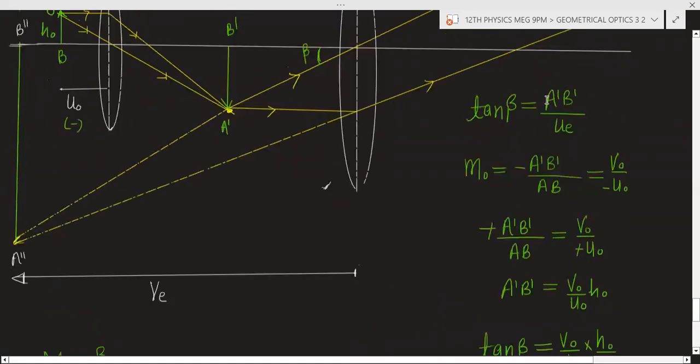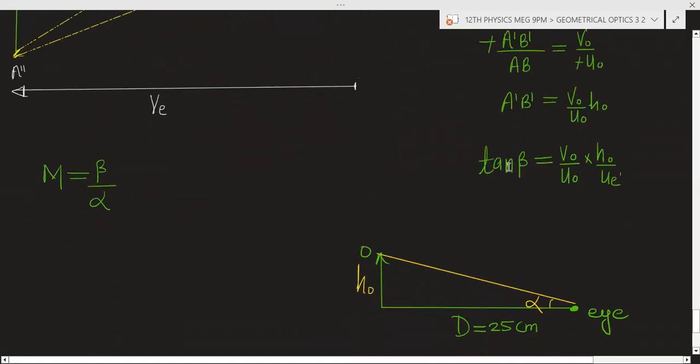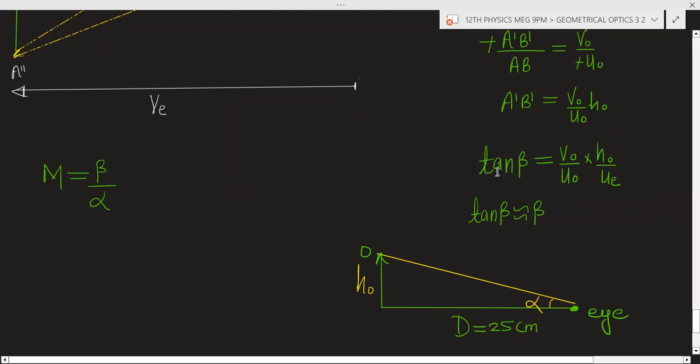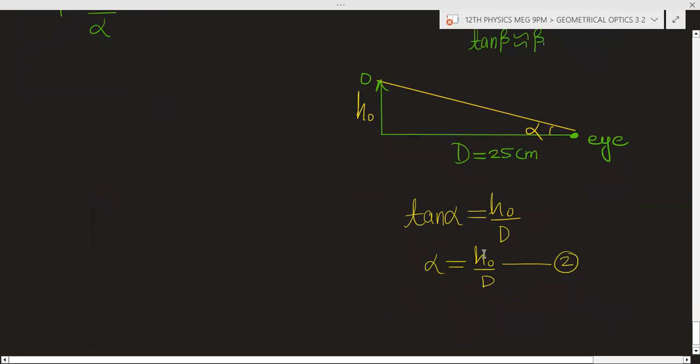So this is your tan beta, but tan beta can be written as beta because beta is very small, and tan alpha can also be written as alpha because alpha is very small.